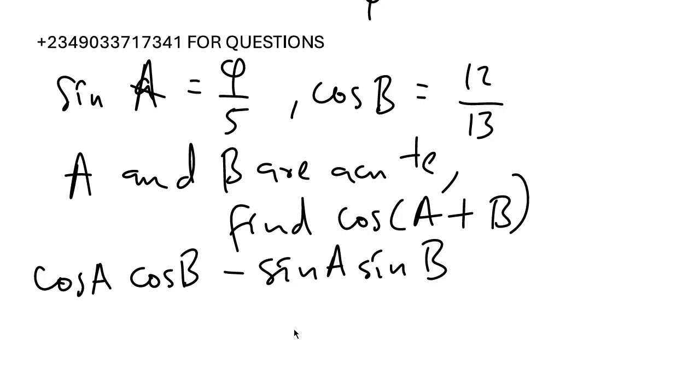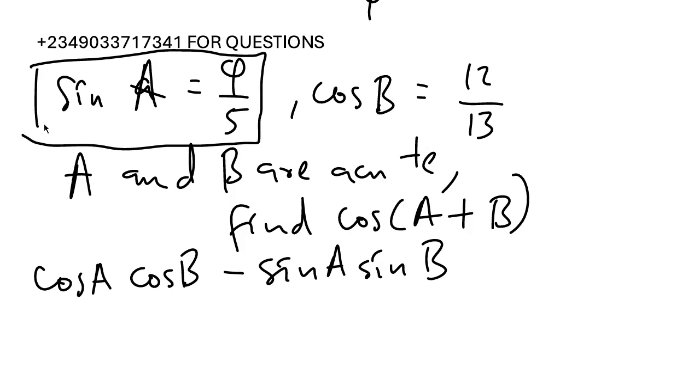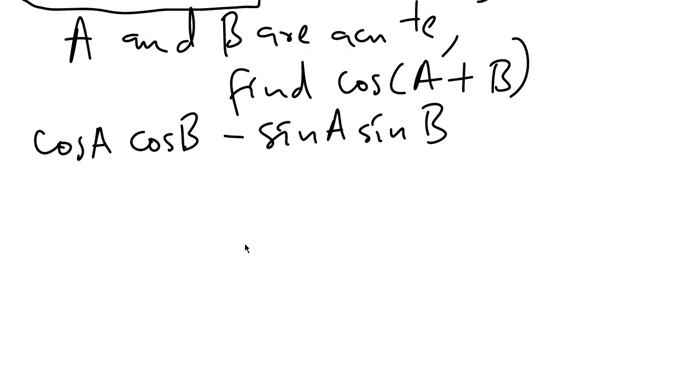Right? So we have the value of cos B, but we don't have the value of cos A. So the only way to get cos A is from sine A, and it's the fact that sine A is 4 over 5. So we have to draw triangles here.